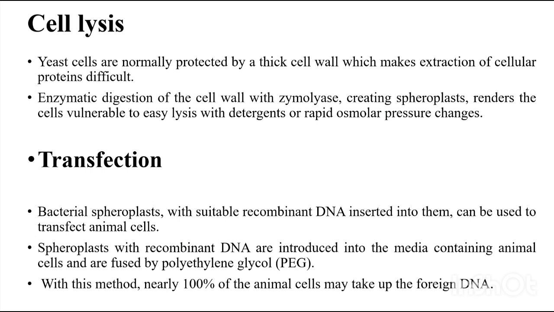So we can easily insert our engineered or recombinant DNA, that means DNA with our gene of interest, a DNA piece that can express one suitable character, inside the bacteria and it can be used to transfect animal cell.